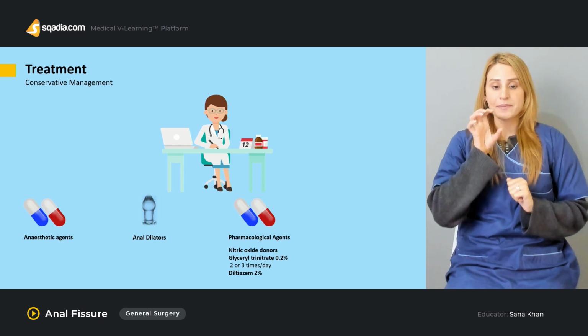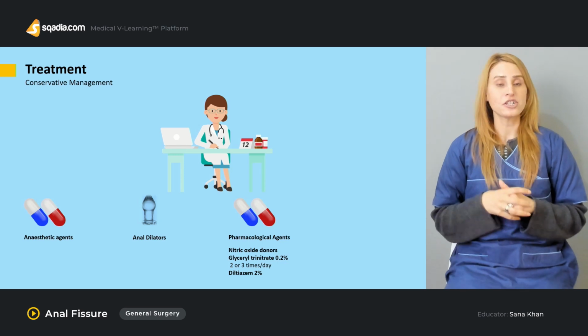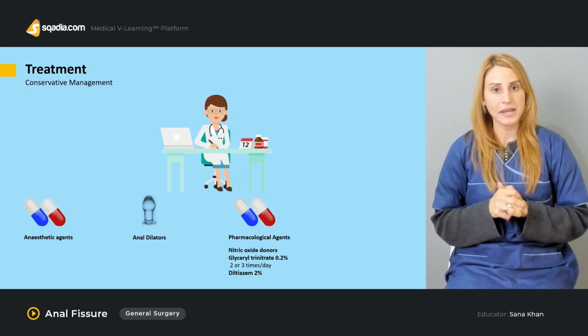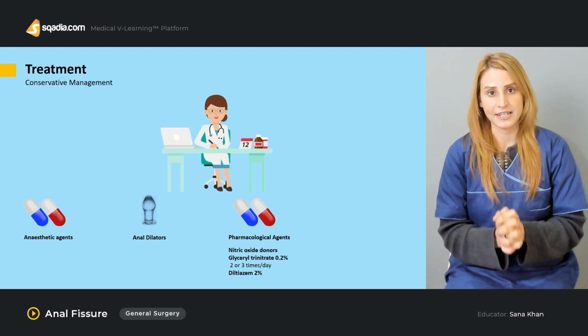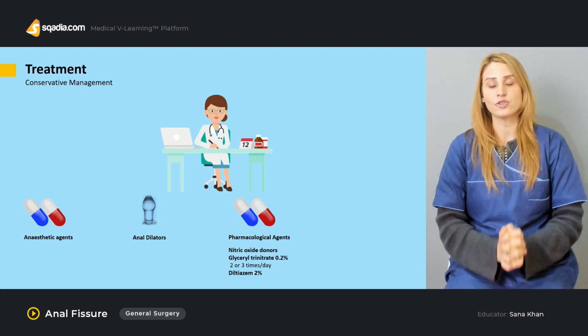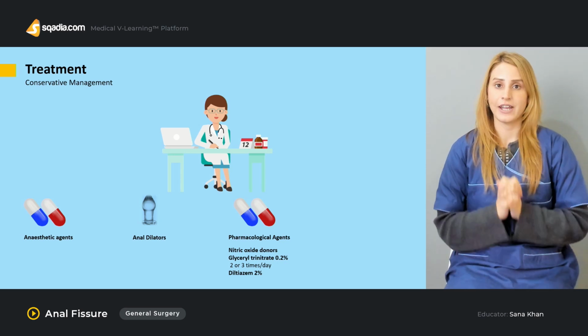But if we talk about the nitric oxide donors, especially 0.2% GTN paste, you need to counsel the patient about headaches, because we know that these nitrates are very much known for the side effect of headache.